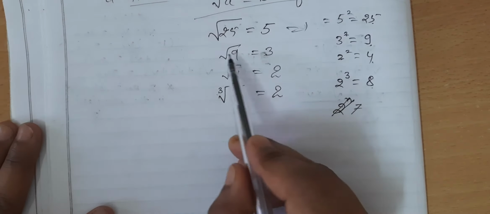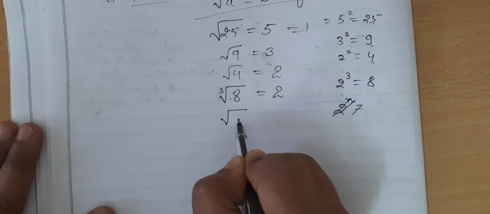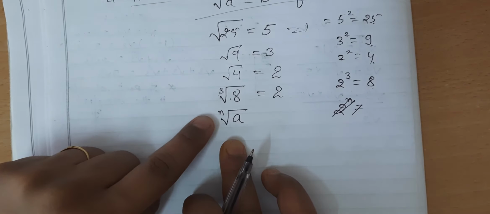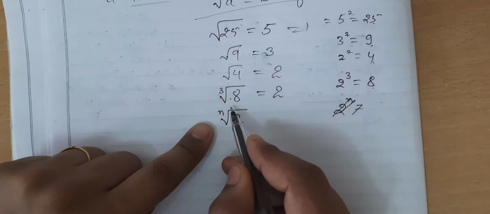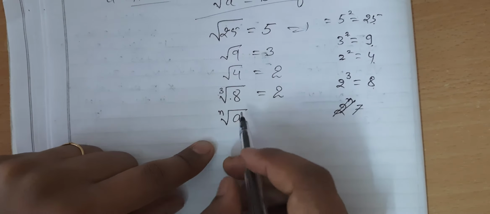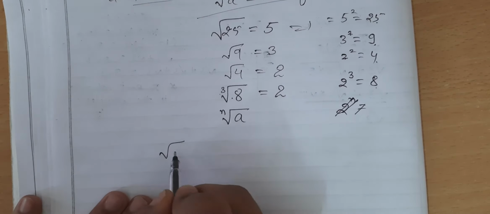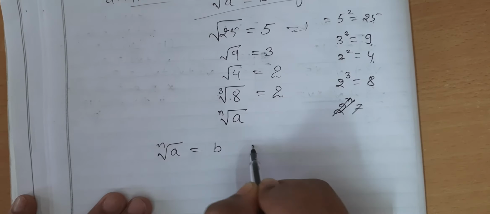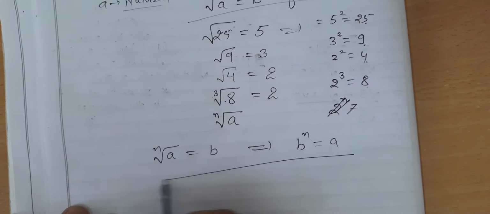This is square root, cubic root, 4th root, 5th root. So in general, if the nth root of any natural number a is b, it means b raised to the power n is a.